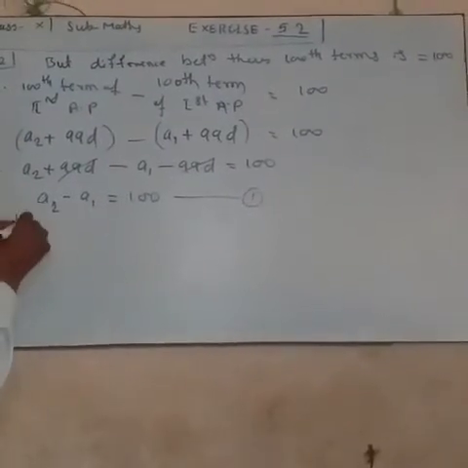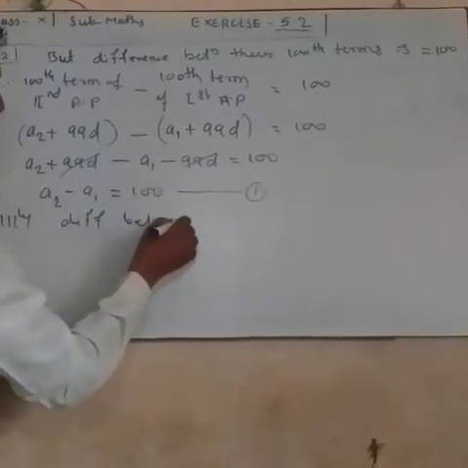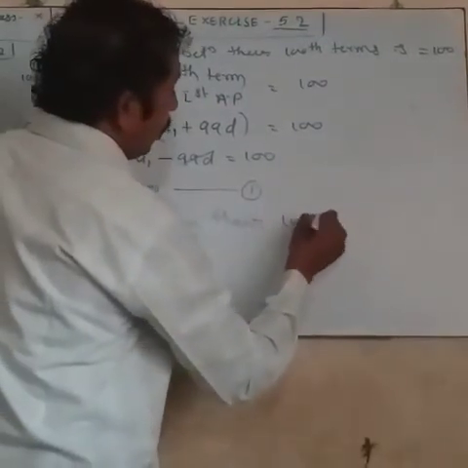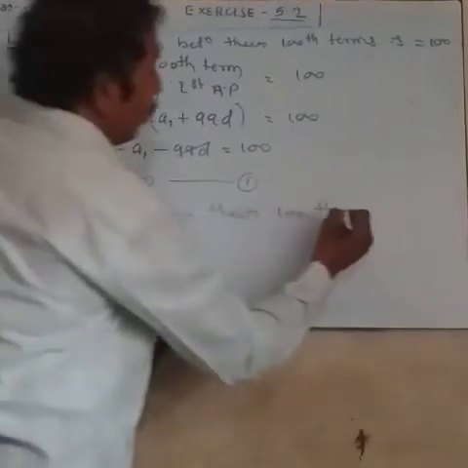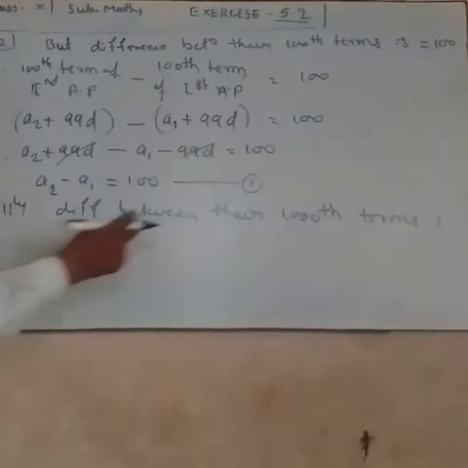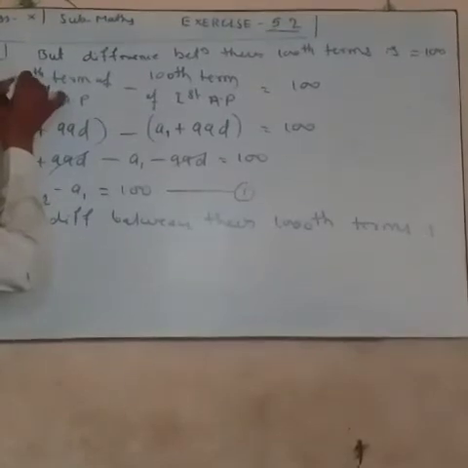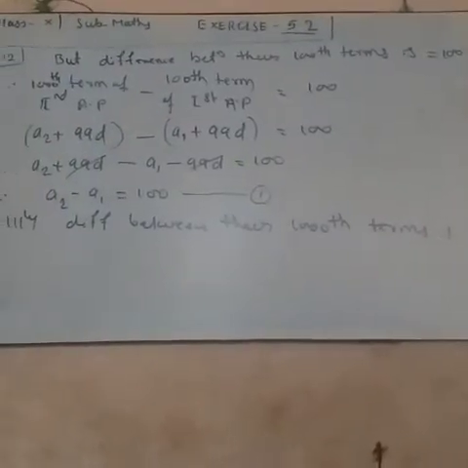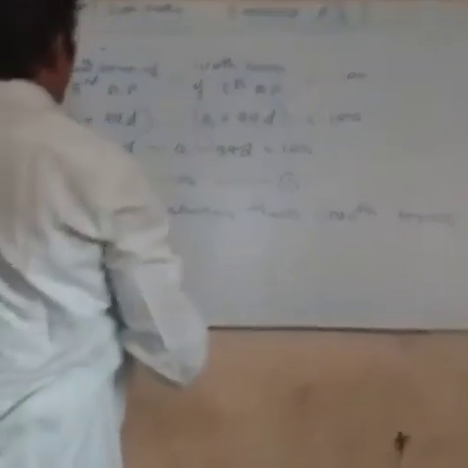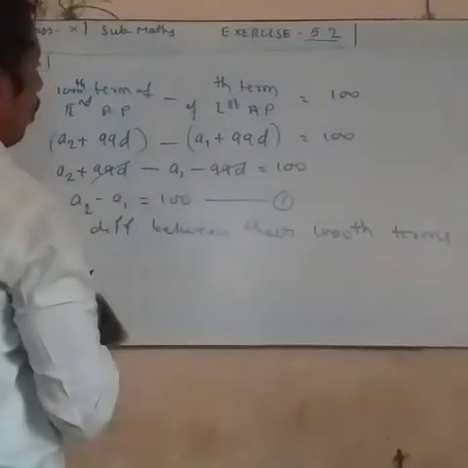Similarly, the difference between their thousandth terms is the thousandth term of second AP minus the thousandth term of first AP.